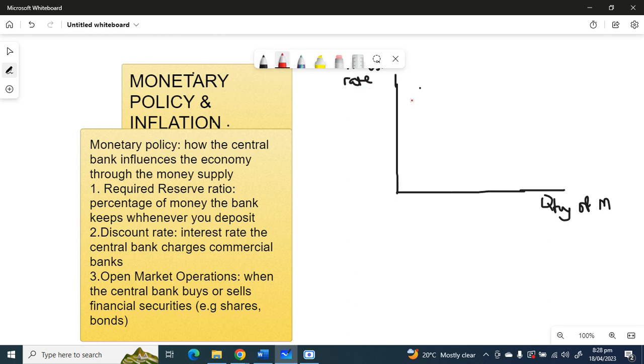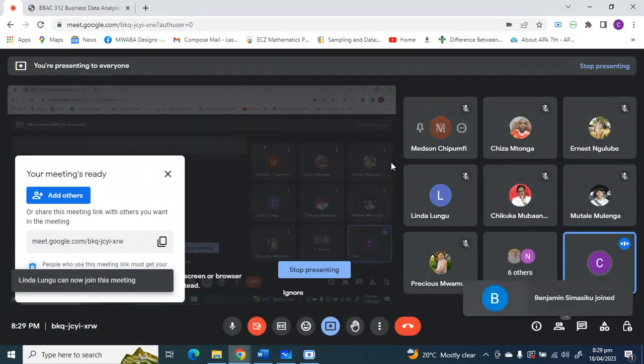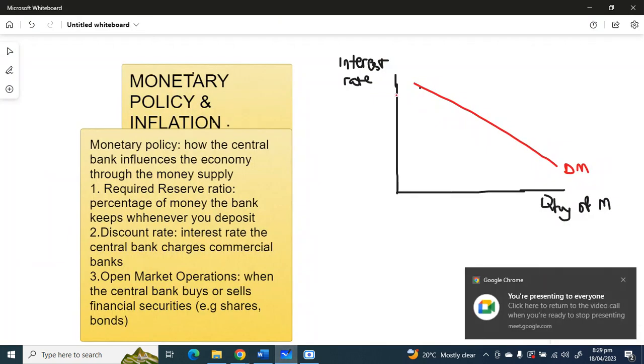So first we have our downward sloping money demand curve, DM, right? There is an inverse relationship between the quantity of money demanded and the interest rates, right? At high interest rates, it's expensive to borrow. So with high interest rates, few people and few banks are borrowing and there's less spending. Thus, the quantity of money is low.